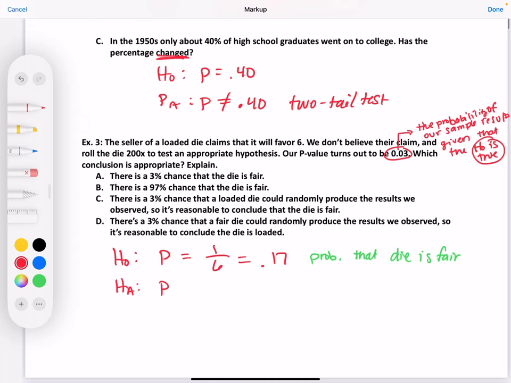If it favors something, it means it would be high. So it's going to be greater than 0.17. So this is that the die is unfair and favors 6.